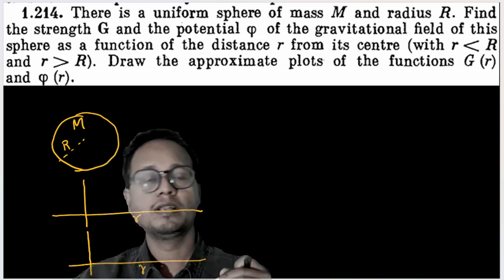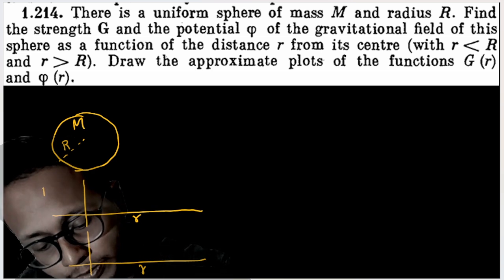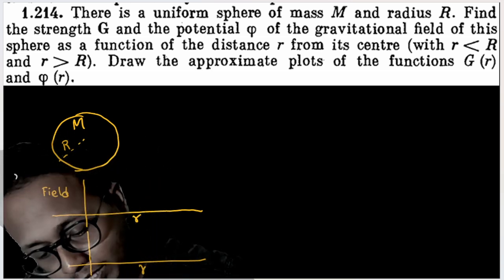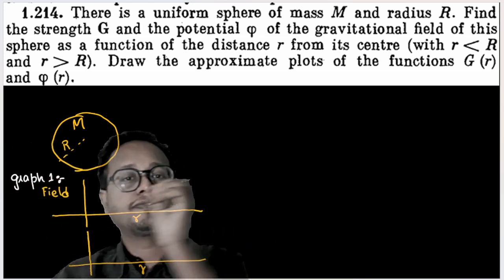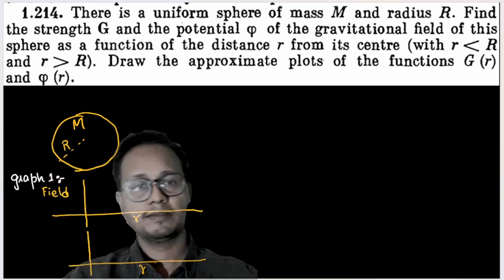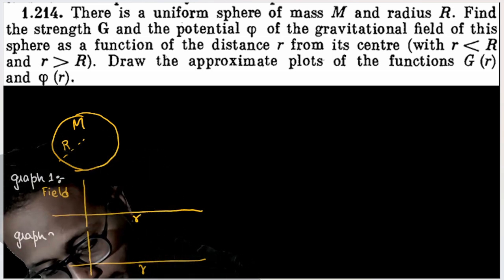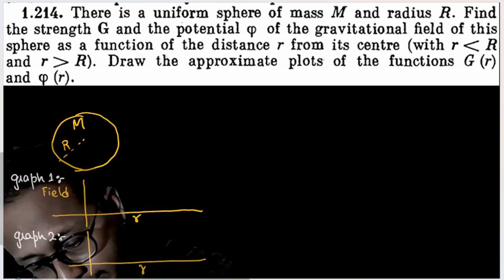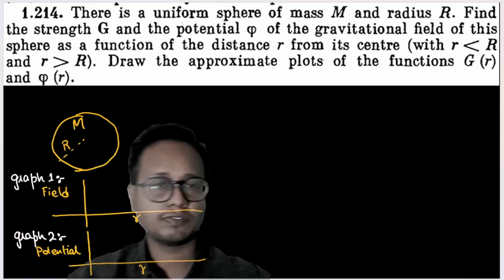Now the question is asking for the y-axis to be filled. In graph 1, or plot 1, it is field versus distance from the center, whereas graph 2 is potential versus distance from the center.